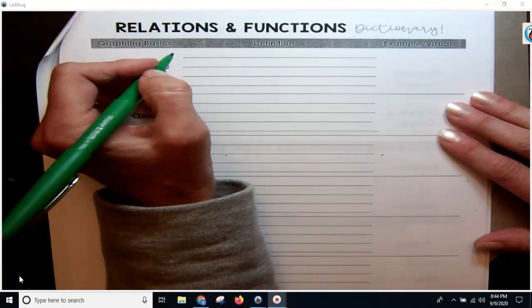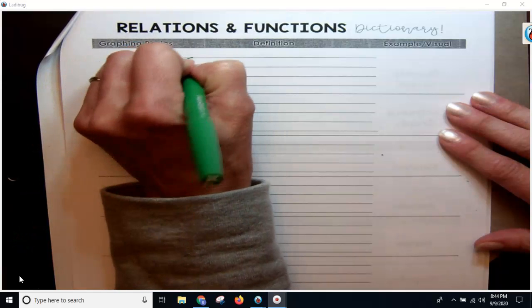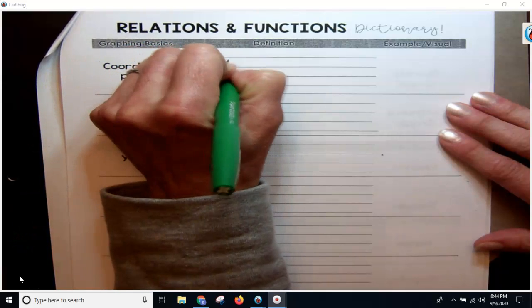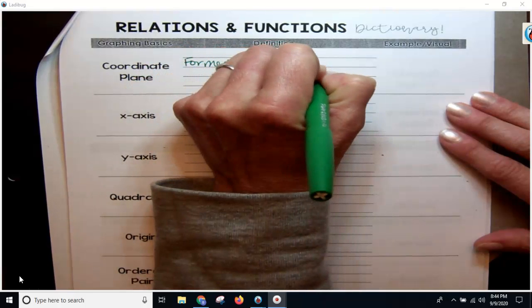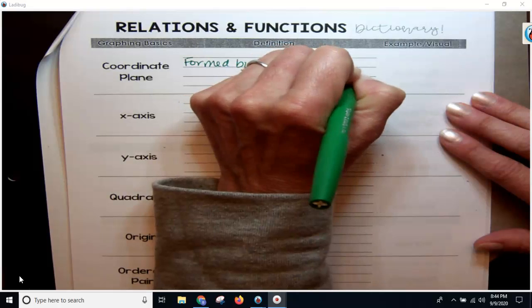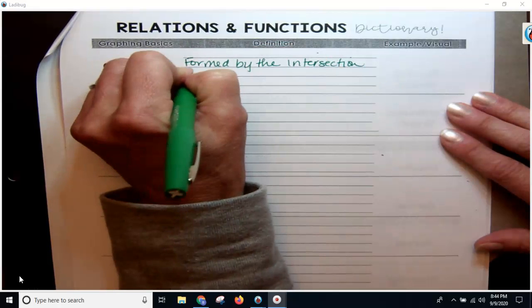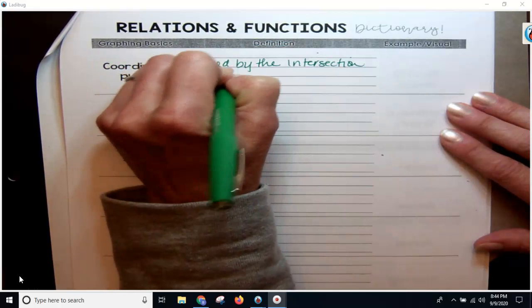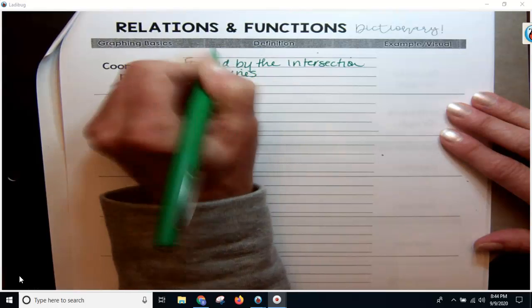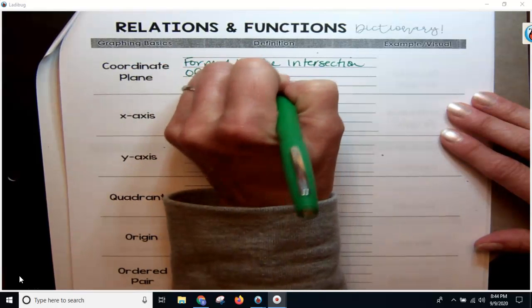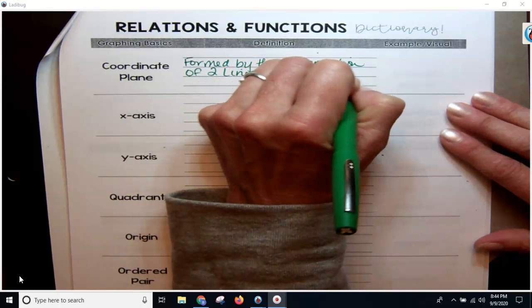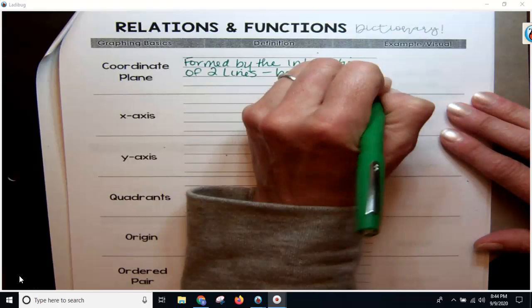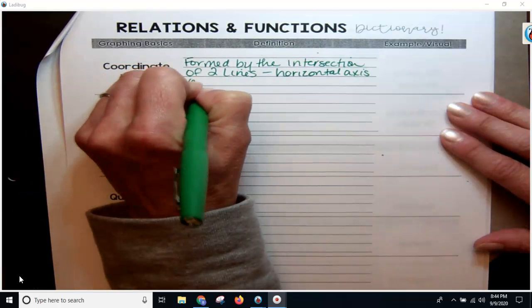The coordinate plane is formed by the intersection of two lines, the horizontal axis and the vertical axis.